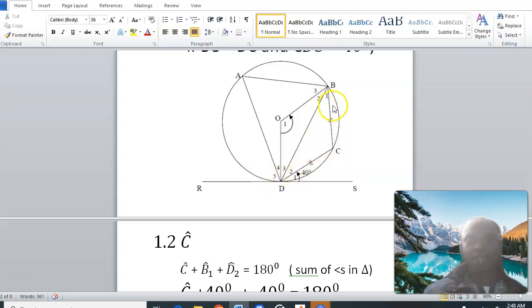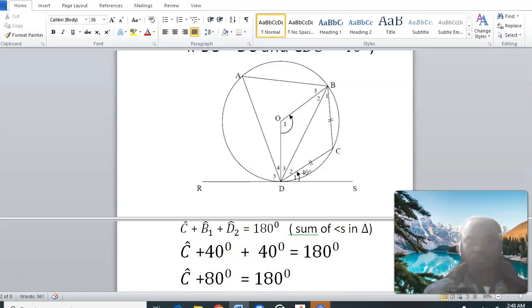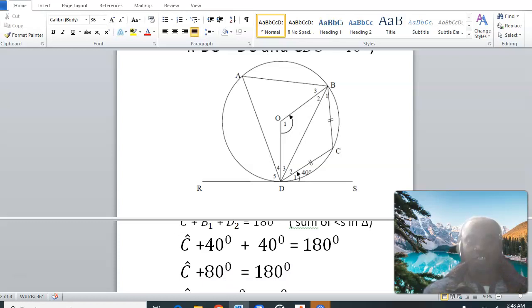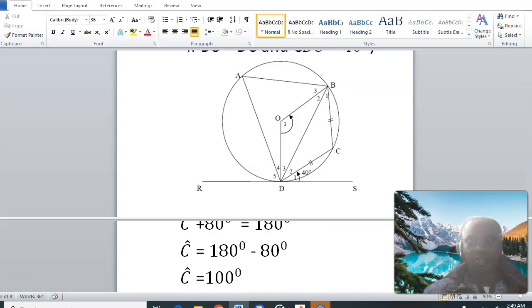Then C plus 40 degrees plus 40 degrees, because B1 is 40, D2 is also 40, should be equal to 180. 40 plus 40 is equal to 80. Transpose this: 180 minus 80 is going to give us 100.